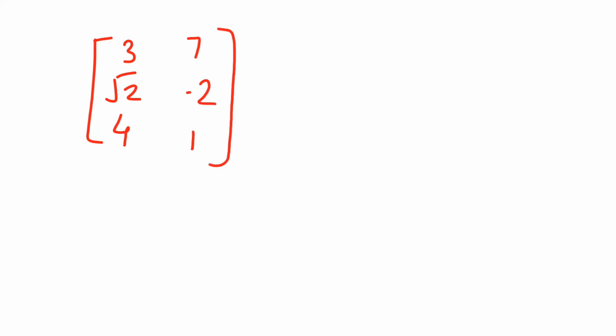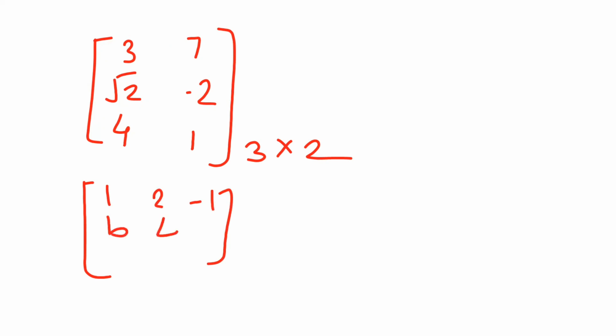There are 3 rows and 2 columns. So, the order of the matrix is 3 cross 2. Similarly, in this example, 1, 2, minus 1; B, 4, 6; 3, 1, 2, there are 3 rows and 3 columns. Therefore, the order of the matrix is 3 cross 3.